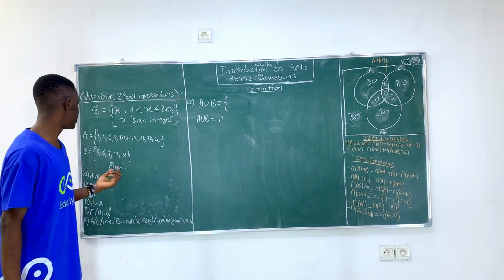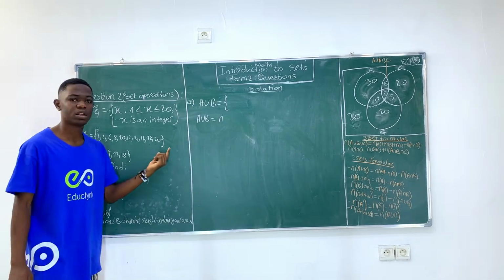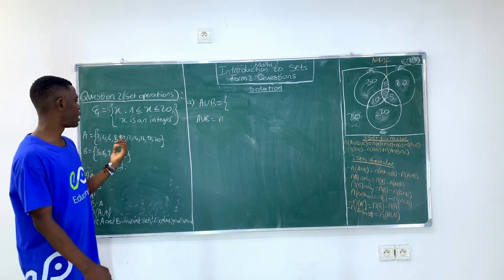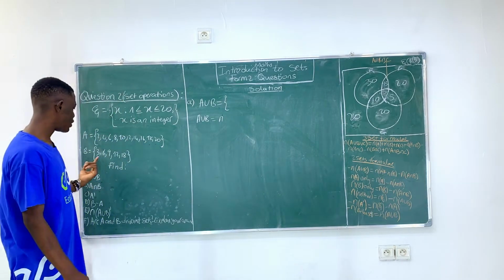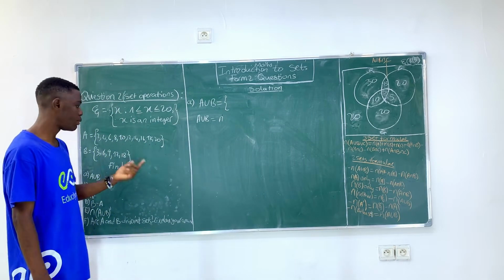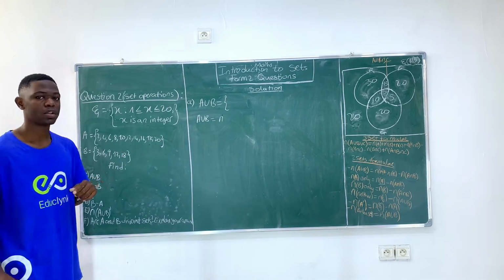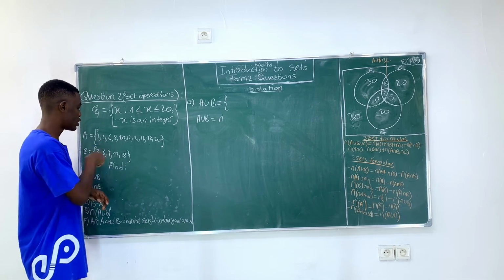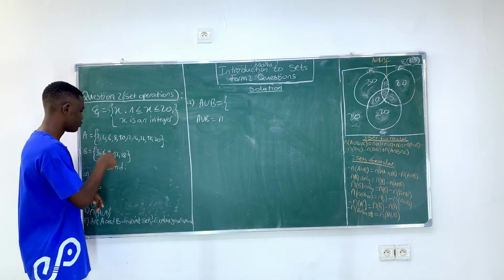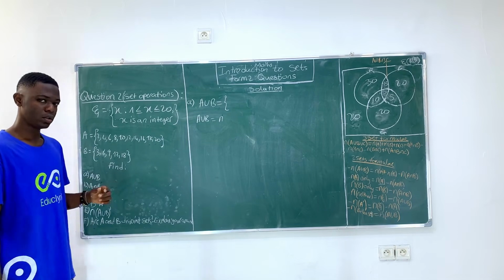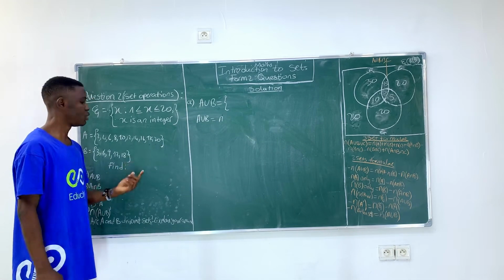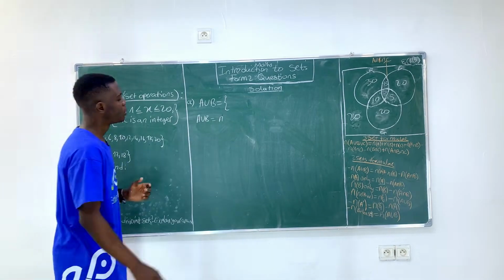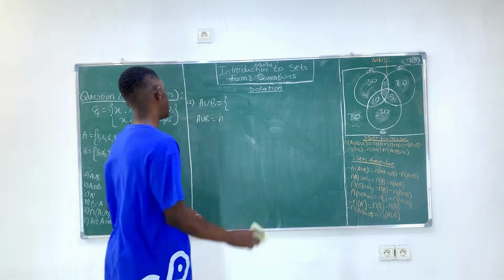It means everything that is in A, you write it, plus everything that is in B, you write all of this, then you write all of this in one set, then minus A intersection B. You see that A intersection B is, for instance, 6, because 6 is in A and 6 is in B. For instance, 12 and 18. So since there are two, the minus A intersection, you remove one of it so that you'll be left with 1.